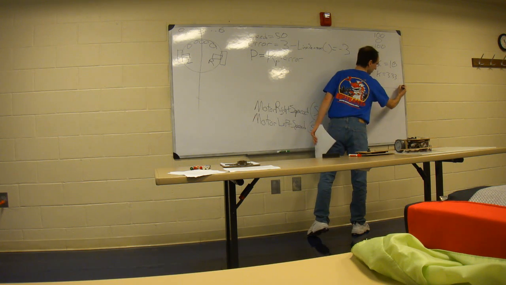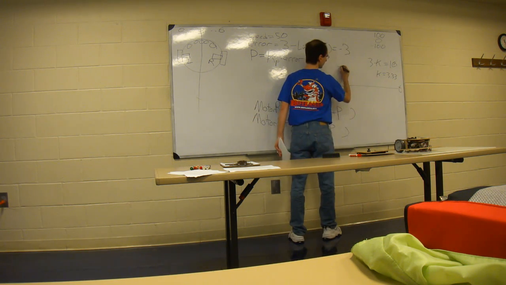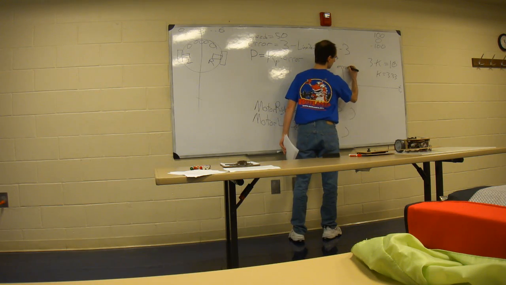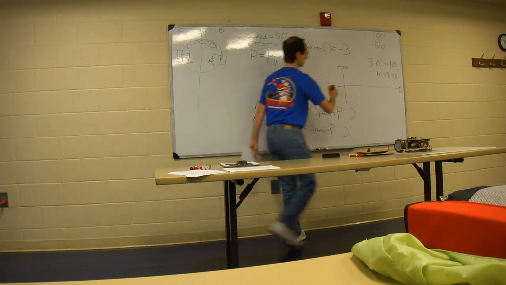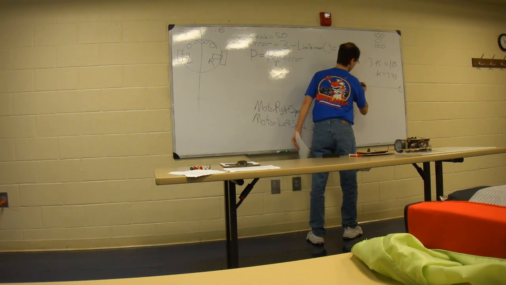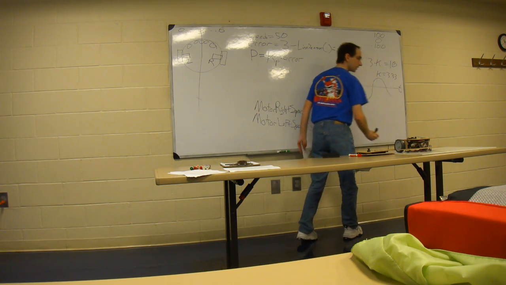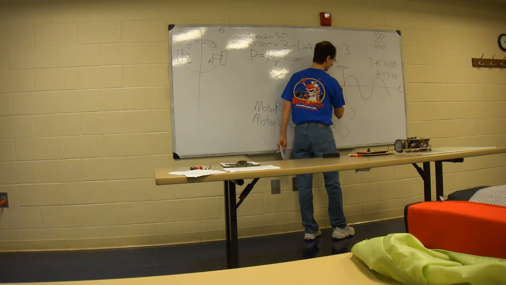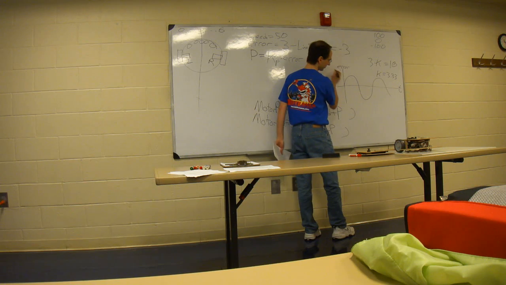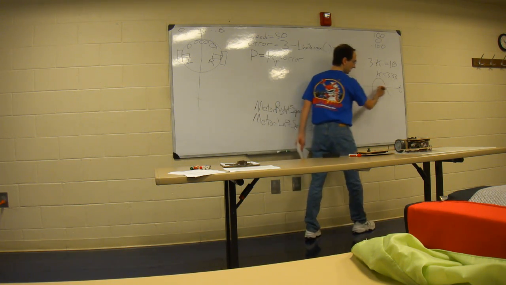This is our time, and this is error. And if I just do this, you would see something like that, right? Everybody get that? This is 0 error, and this is positive and negative error, and this is time.